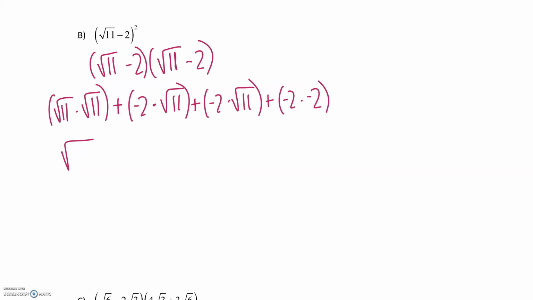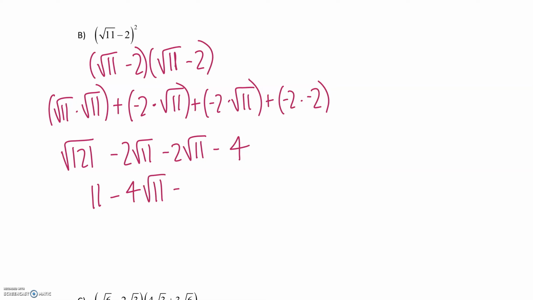So that gives us the square root of 121 minus 2 square roots of 11 minus 2 square roots of 11 minus 4. So the square root of 121 is just 11, and negative 2 minus 2 gives us negative 4 square roots of 11, and minus 4.